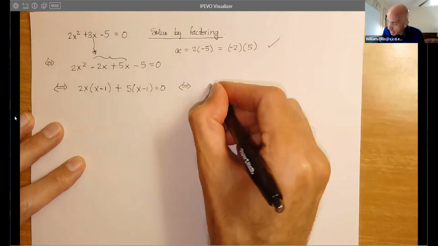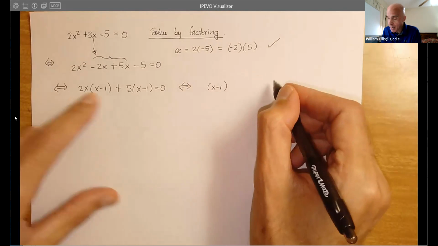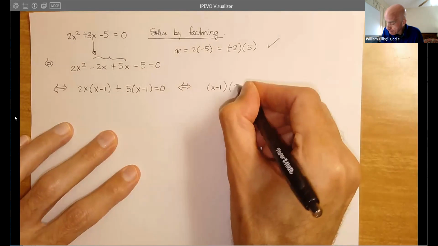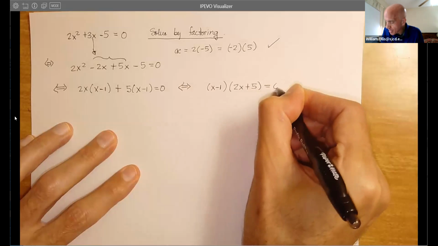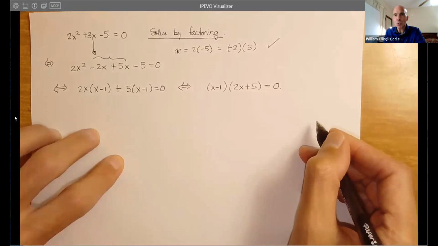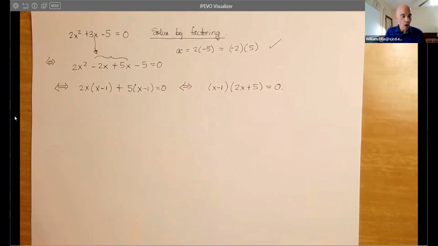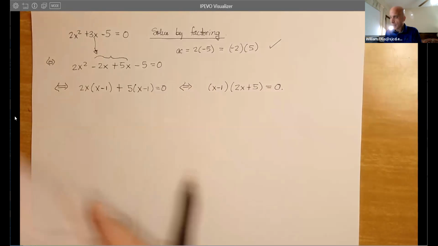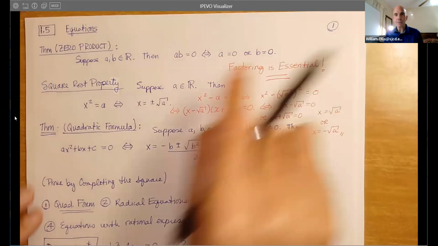So now we have x minus 1, which multiplies what? It multiplies 2x and a 5. The distributive law is our bread and butter. That's what factoring is all about. The distributive law and factoring are equivalent. Now, where are we? We're back to our friend, zero product.